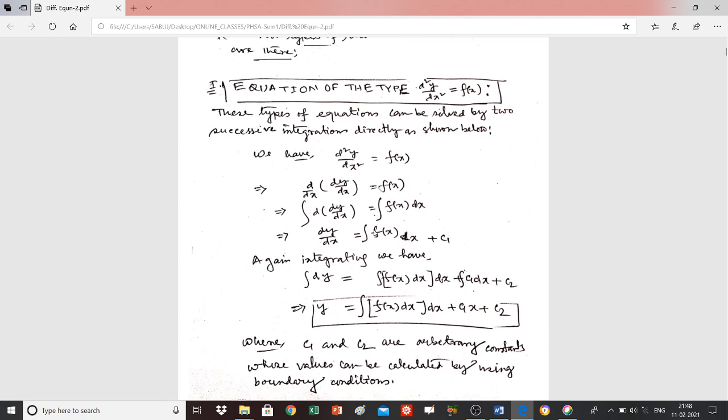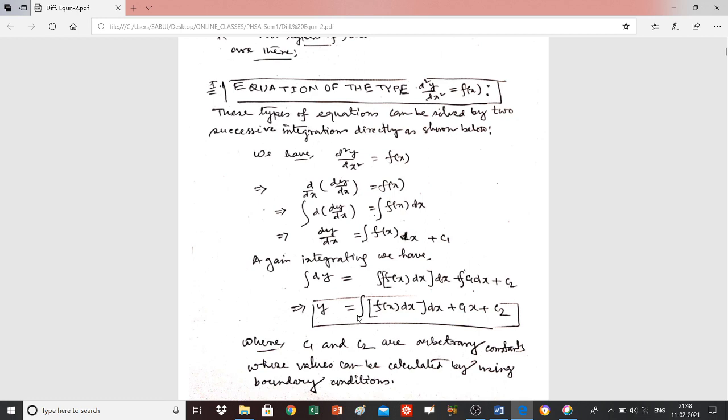Now again integrate this equation, because you have to find out the value of y. So from here you can write dy is equal to integration of f(x) dx dx, plus integration of c1 dx, and c2 another constant.